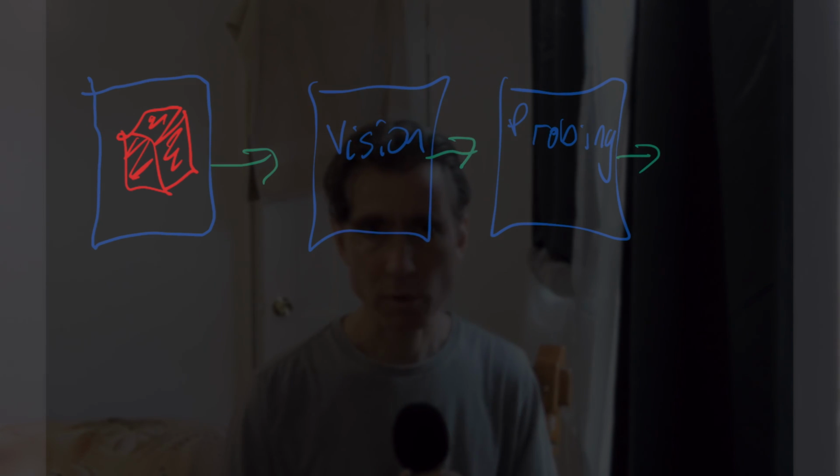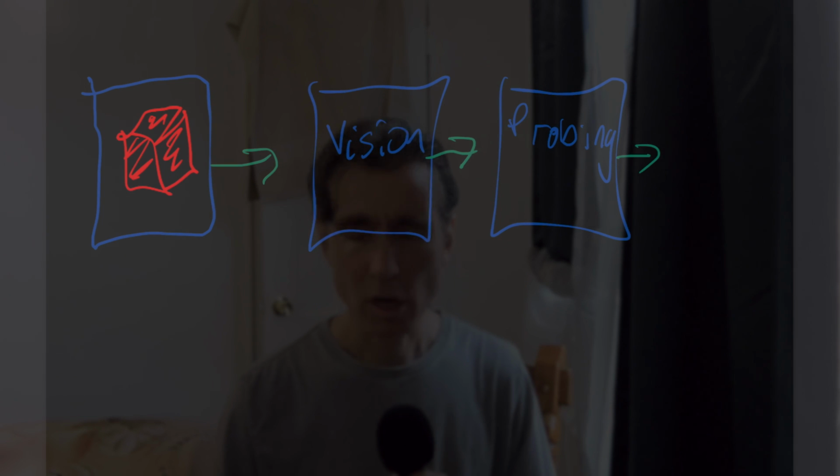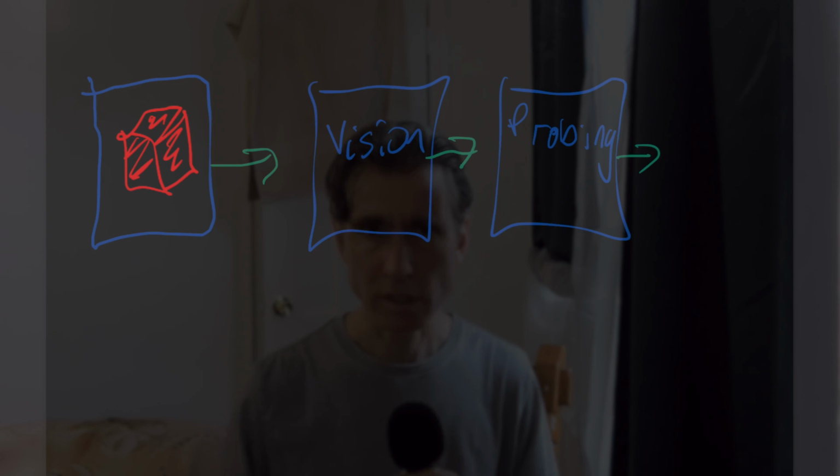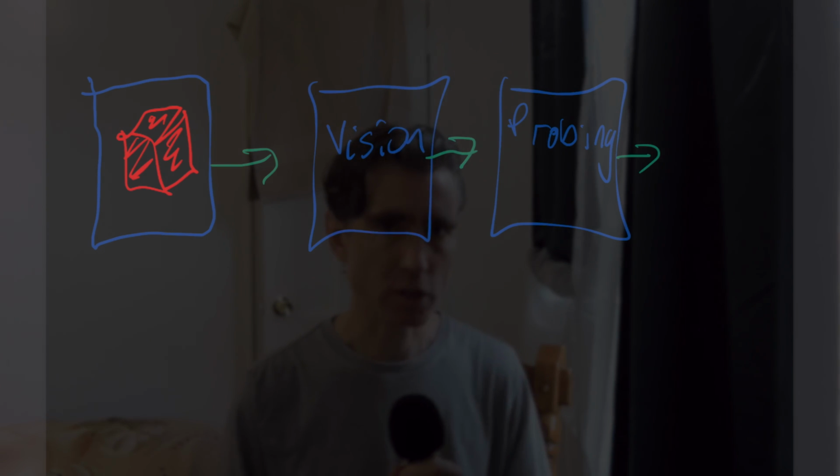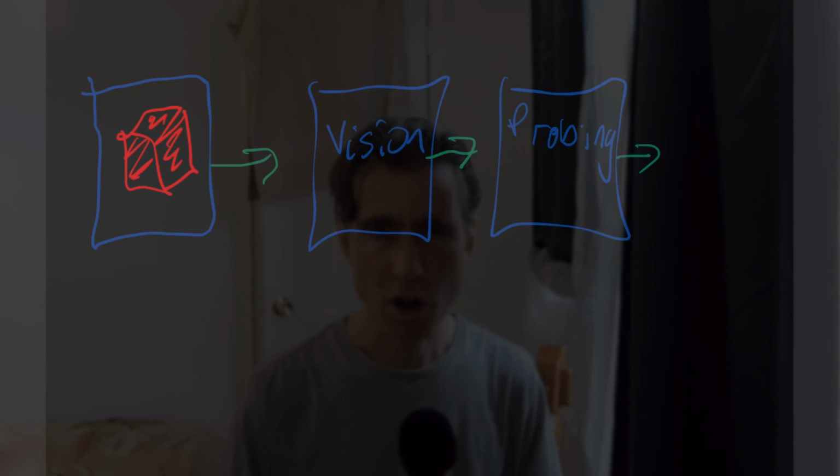We run the main experiment where we get the agents to identify the appropriate object. Once we've run that millions of times and the agents have learned, we freeze the vision module so it's not going to learn anymore. Then we attach this probing model to the vision module and train the probing model to predict something.